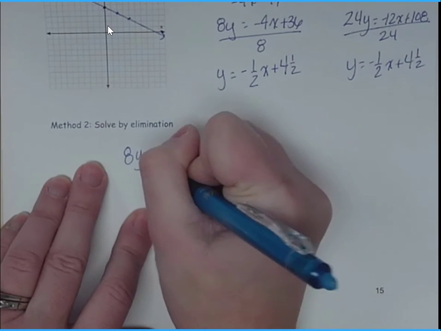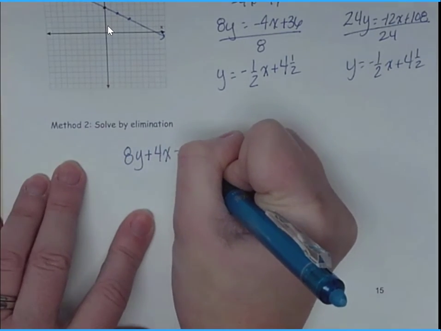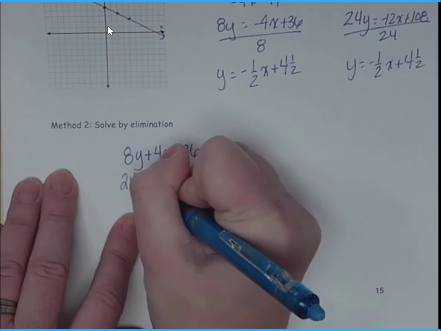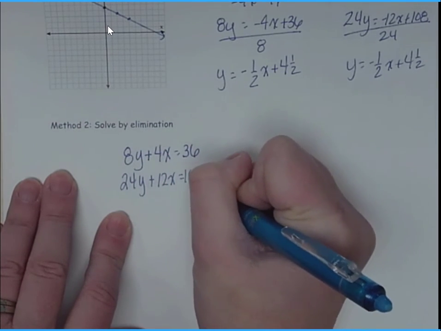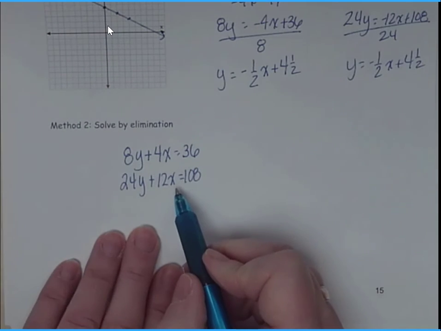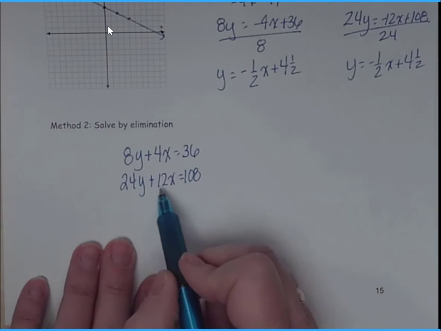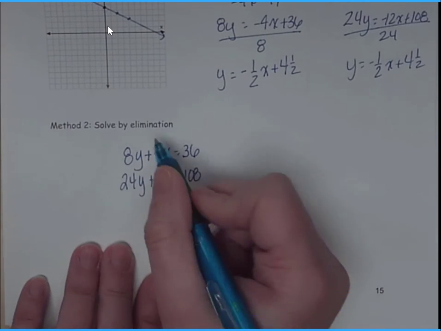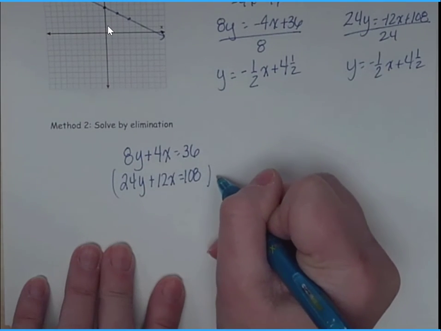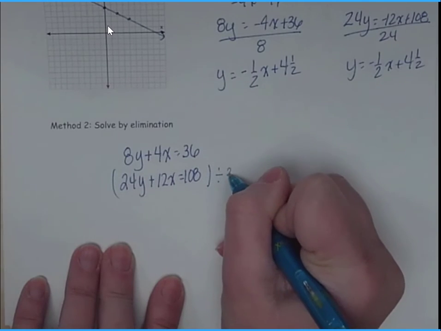But if I chose not to graph that, what would it look like if I solved by elimination? So I have 8y plus 4x equals 36. 24y plus 12x equals 108. Now, I'm going to show you a little trick here that also works. In the last unit, we multiplied. Here, watch what I'm going to do. I'm going to take this and divide by 3.